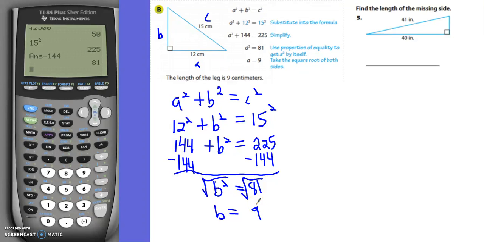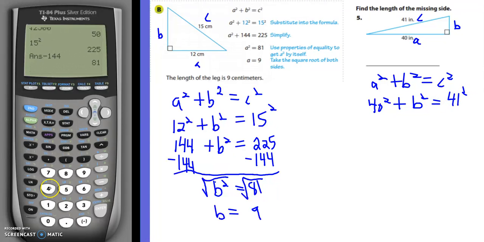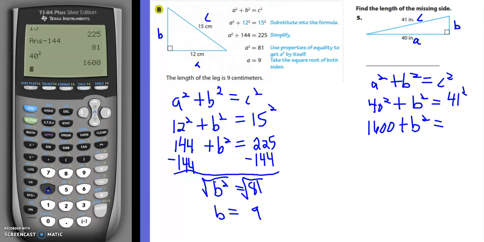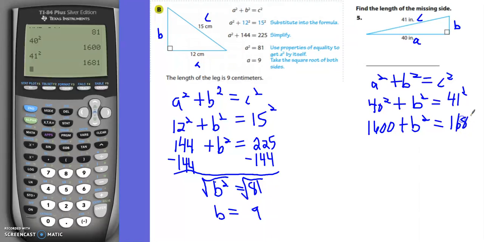Okay, we can do the same thing here. We can call this A, B, and C. A squared plus B squared equals C squared. I have 40 squared plus B squared equals 41 squared. 40 squared is 1600. 41 squared is 1,681.